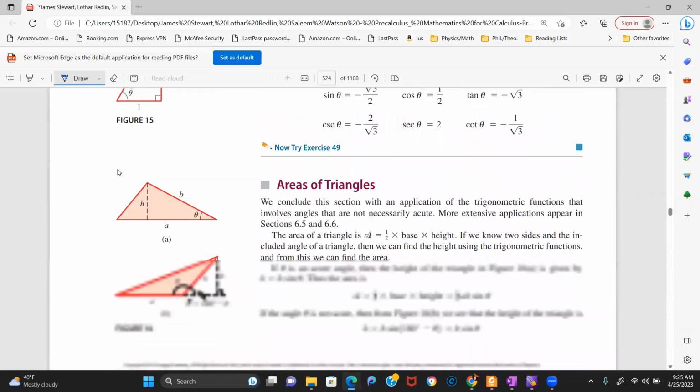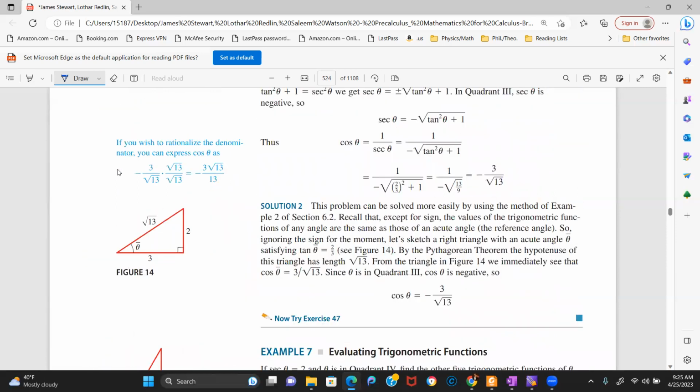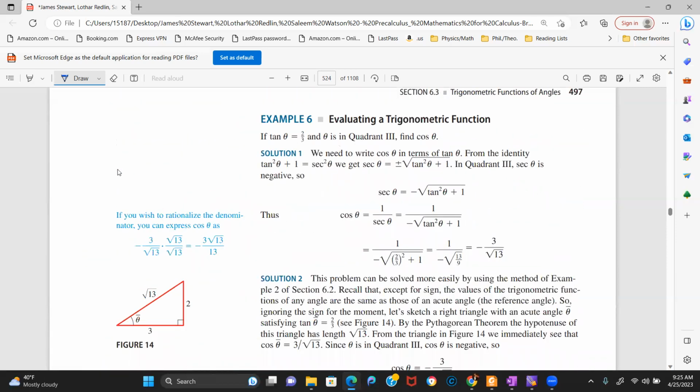So we got this. All right, so we're given that tan theta is equal to 2/3, and we want to find cosine. And we're in the second quadrant. So we're told tan theta. Oh, okay, yeah, I see.